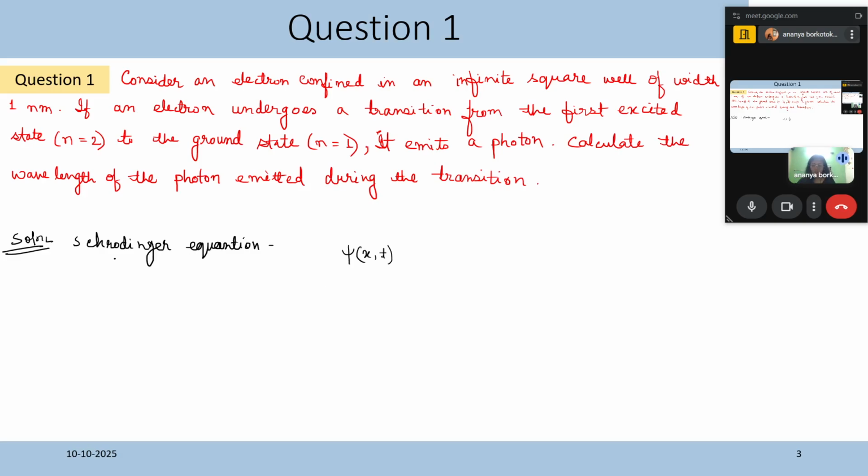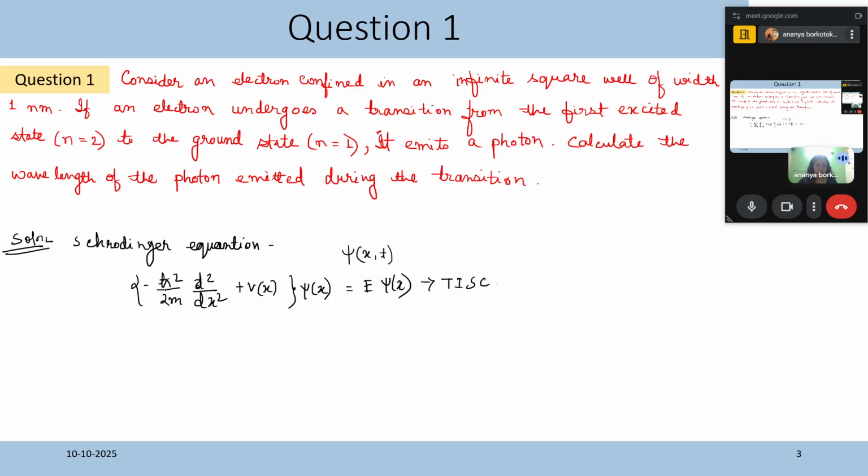That is minus h bar square by twice m, d2 by dx2, plus V of x, into psi of x, is equal to E psi of x. I'm not writing a partial derivative; if it were a function of x, y, z, I would write partial derivatives. This is the time independent Schrodinger equation.